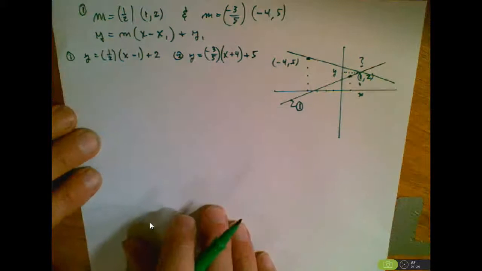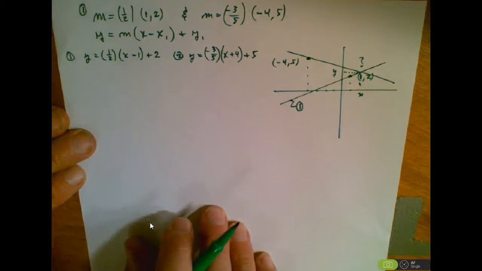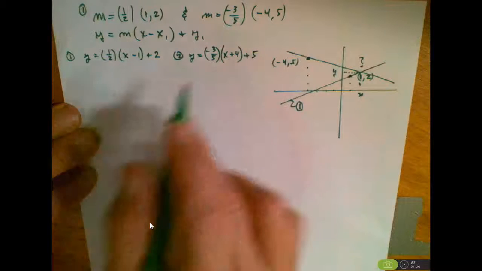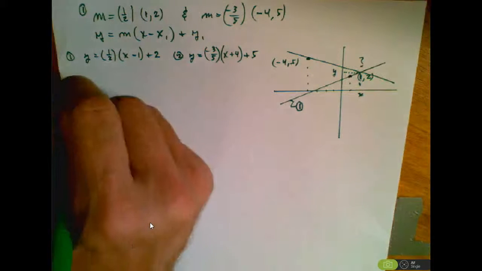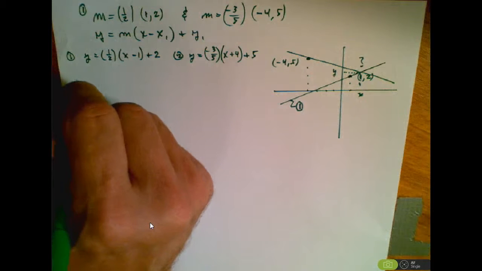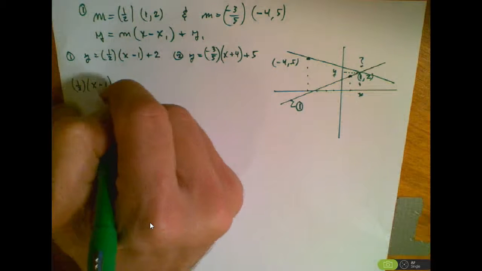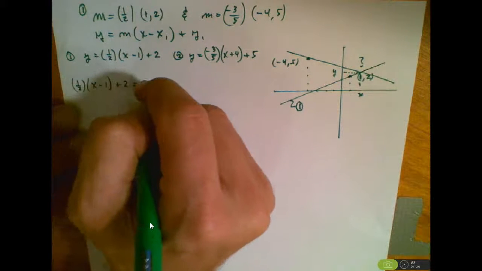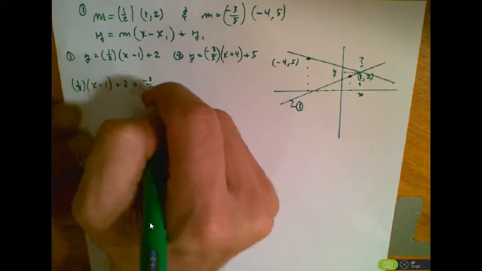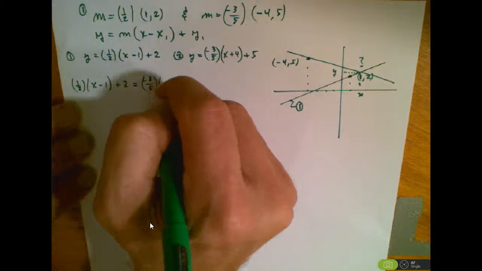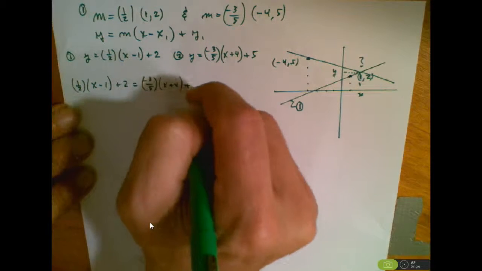Okay, so those are two linear equations, and using substitution, we'll let the right sides equal each other. So we'll write the algebraic equation 1/2 (x minus 1) plus 2 is equal to -3/5 (x plus 4) plus 5.